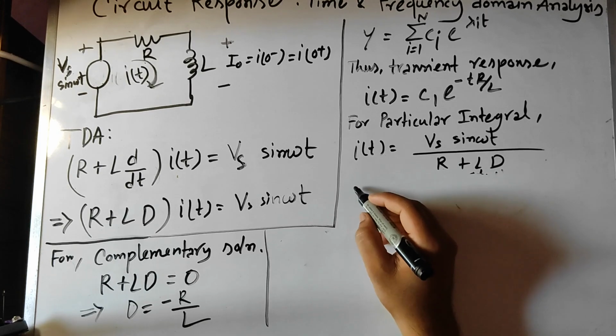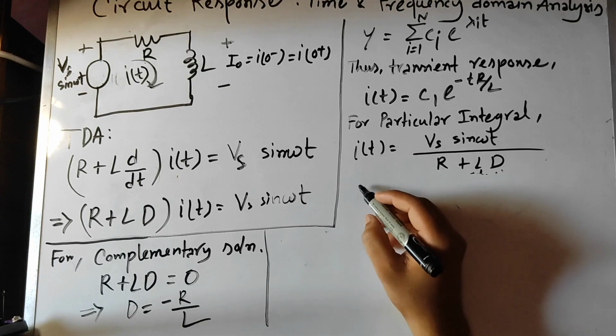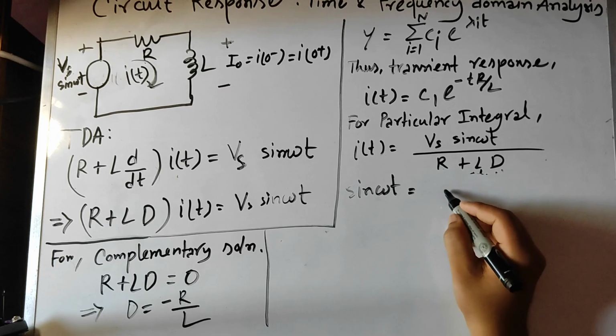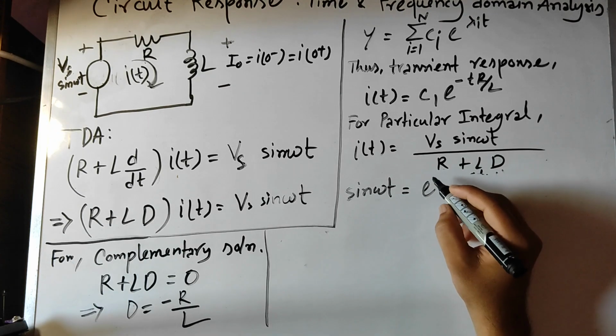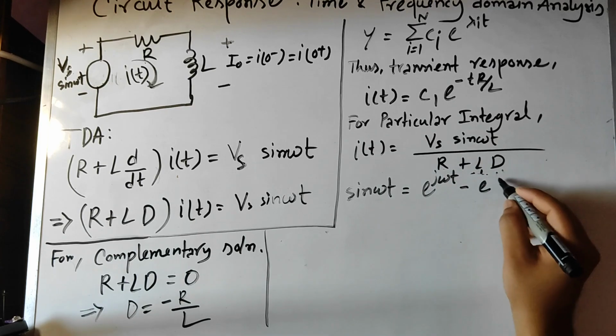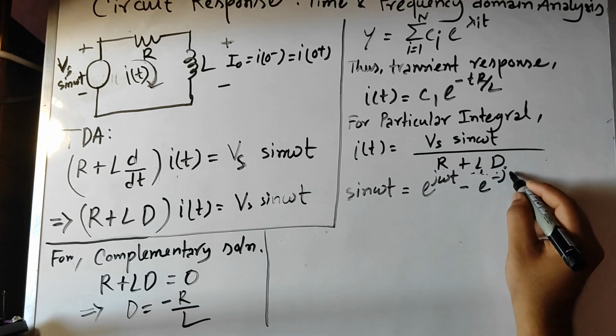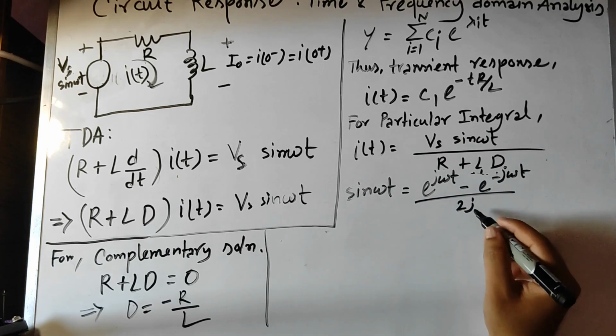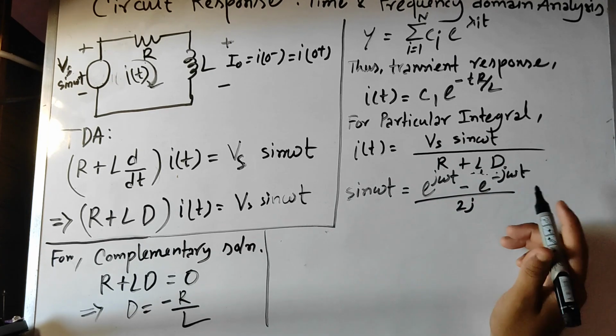Also we know that sine can be represented in terms of complex exponentials. So sine omega t is (e to the power j omega t minus e to the power minus j omega t) by 2j. We are going to use this fact and the formula.